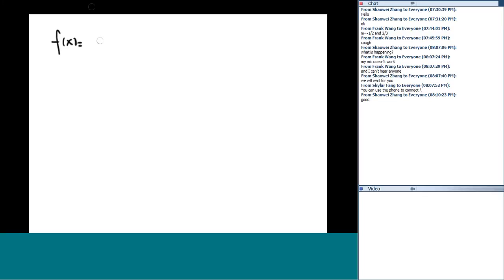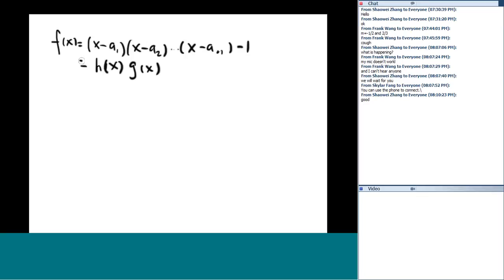If you have one, assume that one can be divided as h(x) g(x). Then you let x equal a1, you get h(a1) g(a1).